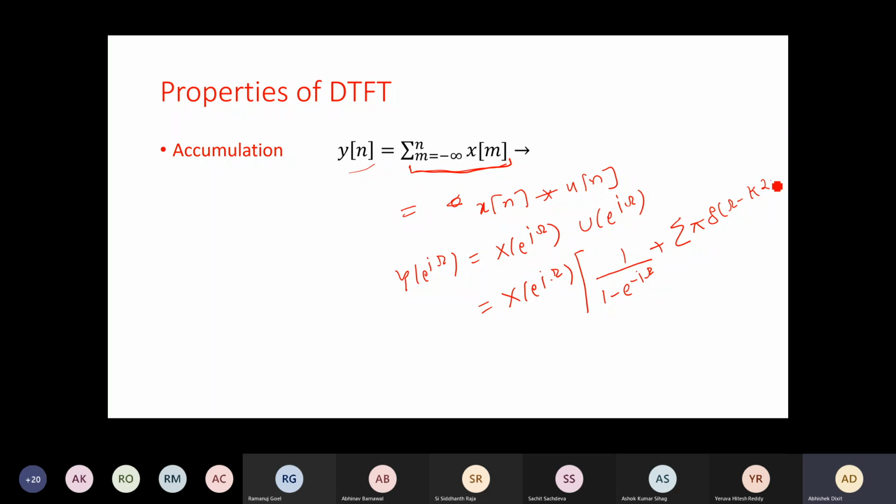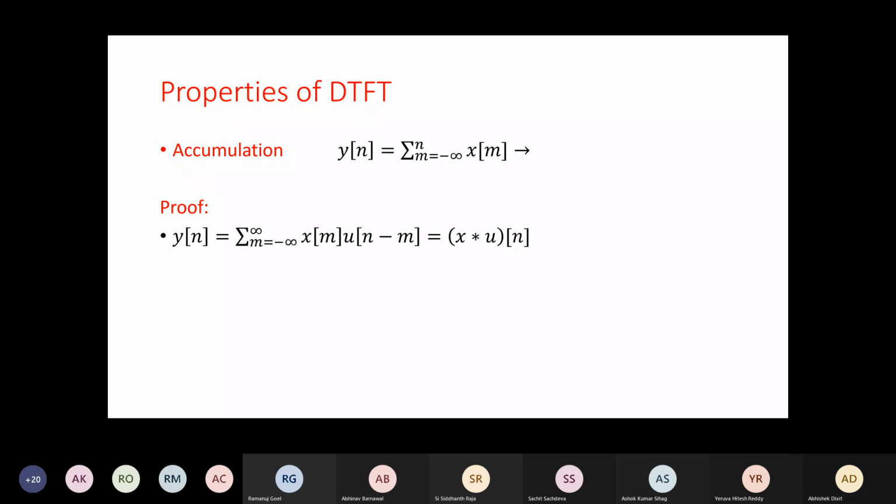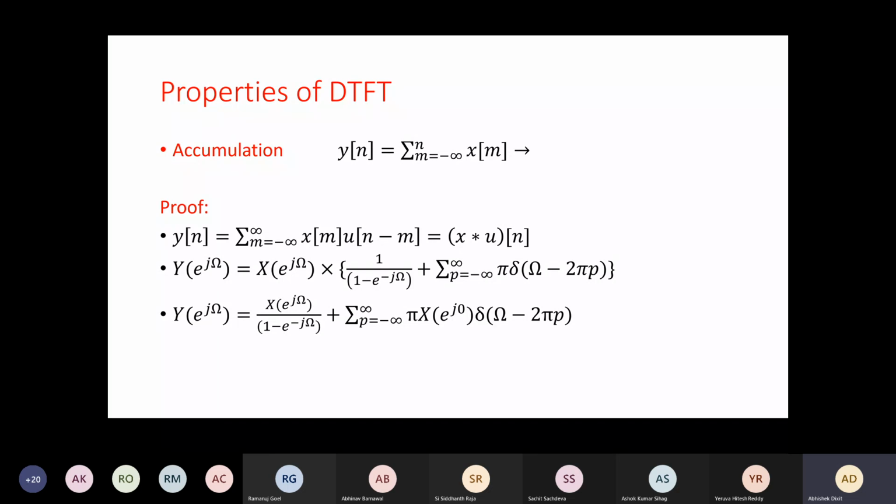So this is the Fourier transform of y. Simple. We have just shown that there's nothing complicated. So you get this expression.